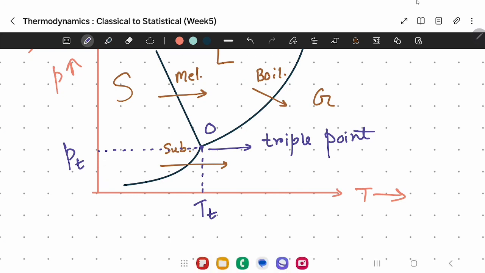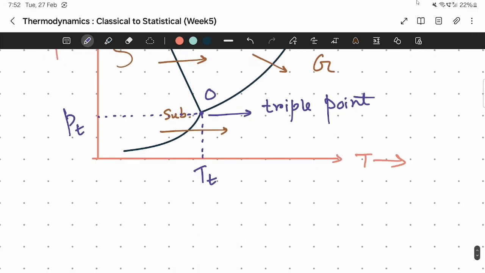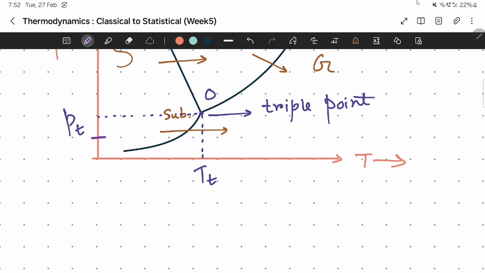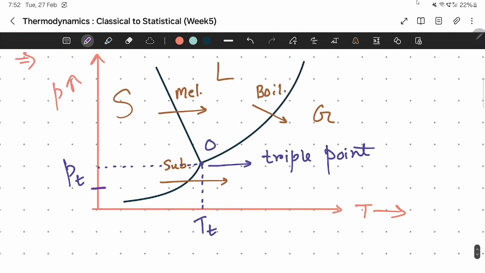Okay. So now if you look below the corresponding pressure of the triple point, let's say if you choose any point below that, here. Under this condition, if you increase the temperature, what does it mean?